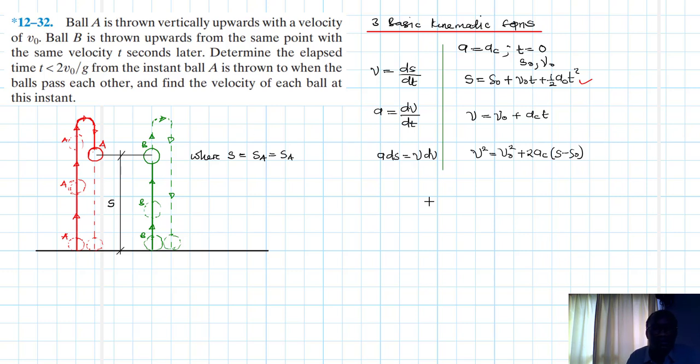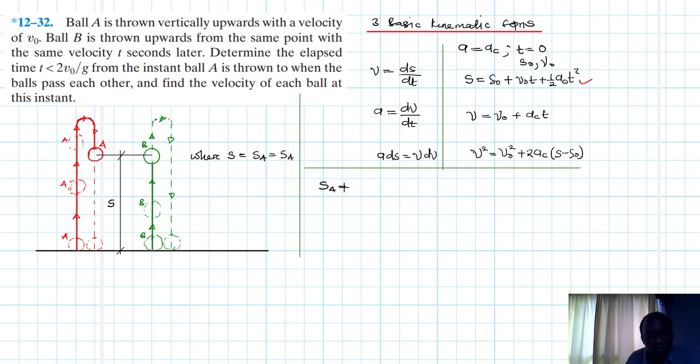Right, so let me just create a kind of boundary, something like so. Okay, there we go. So let's say the first equation, we have SA.